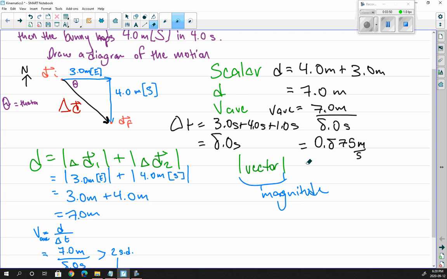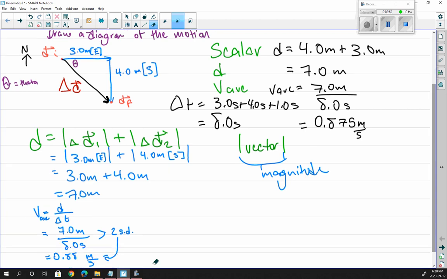Next, I want to calculate the average speed. Well, the average speed, by the equation that you should have on your equation sheet, is the distance divided by the time. So 7 meters divided by 8 seconds, they each have two significant digits, so my answer would be 0.88 meters per second.